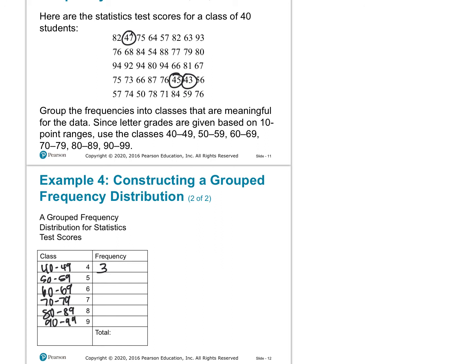All right, then 50 to 59, so 1, 2, 3, 4, 5, 6.